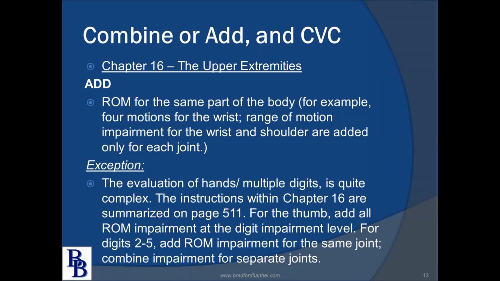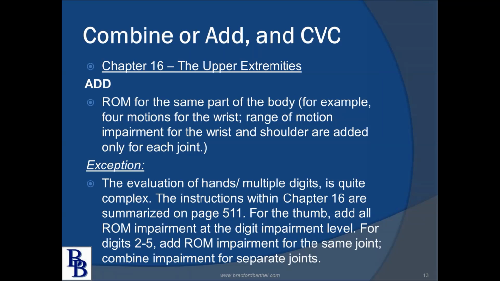The exception is the evaluation of hands, multiple digits. It's really fairly complex and doesn't follow any real standard format. But the instructions within chapter 16 for combining and adding are summarized pretty well on page 511 of the AMA guides.